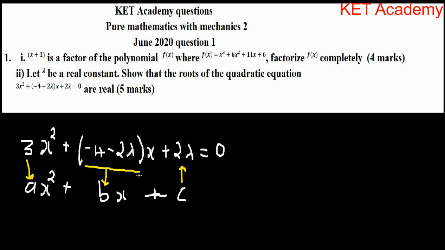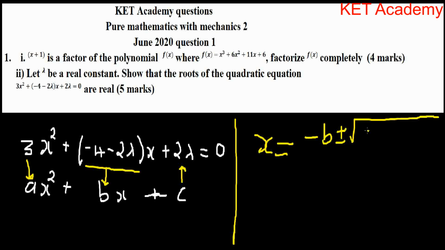So to prove that the roots are real, we know that from the quadratic formula, x equals minus b plus or minus the square root of b squared minus 4ac, all over 2a.